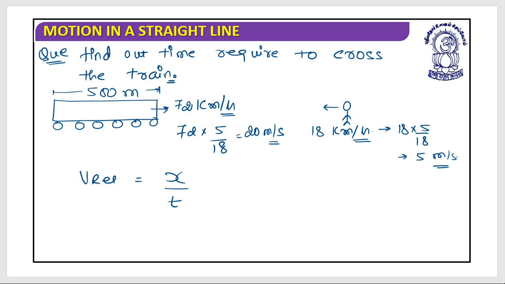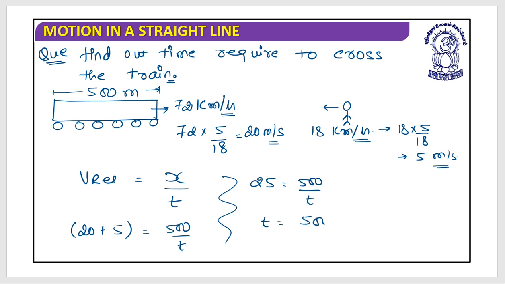Their v relative would be 20 from the train side plus 5 from the person's point of view, equals 500 divided by t. So 20 plus 5, that's 25, equals 500 divided by t. So t equals 500 divided by 25, and if I solve this, t equals 20 seconds. I hope these things are clear to you.